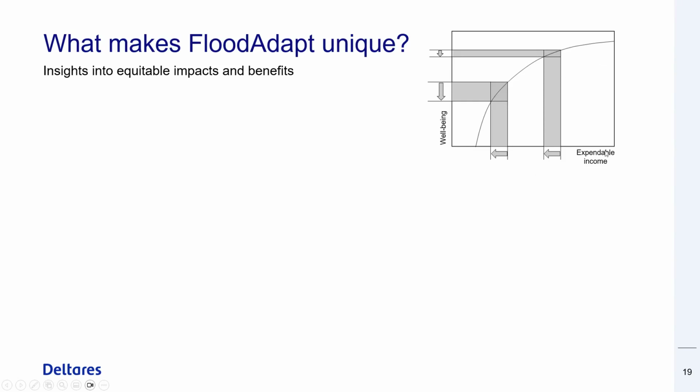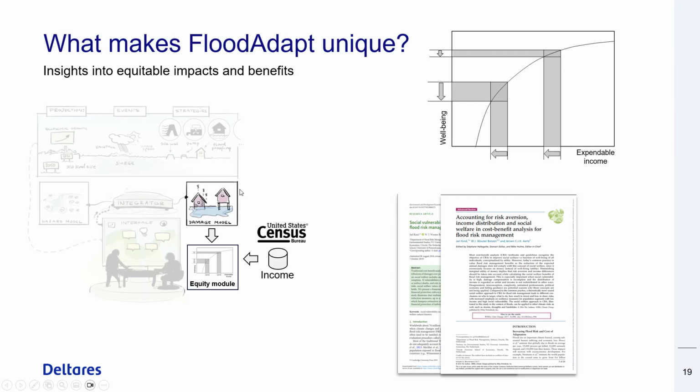It's the idea that when you're in the high expendable income range and you lose a little bit of that income, let's say because your home is damaged, if you're earning $150,000 a year and you have $10,000 of damage, the impact on your well-being is going to be much smaller than that exact same loss if you're earning $50,000 or $30,000 a year. So this concept is what's behind a lot of these methods on equity.